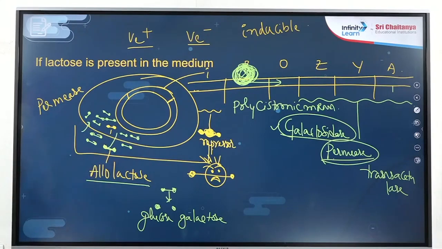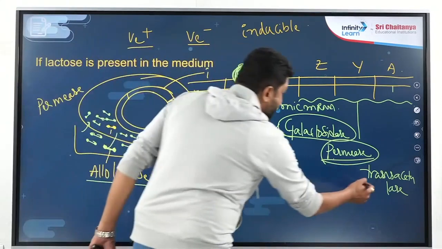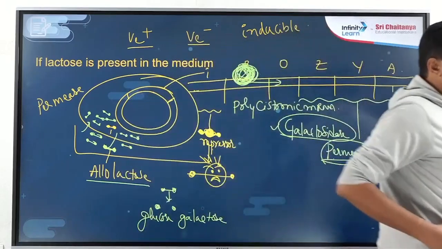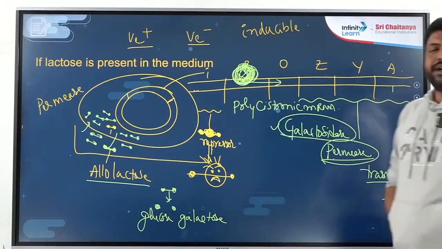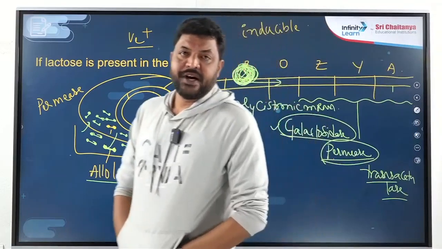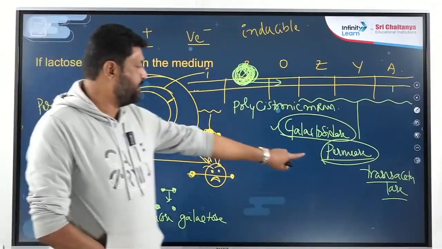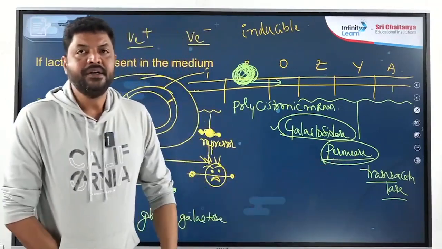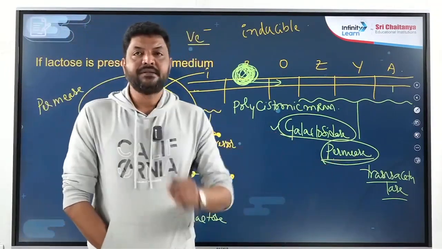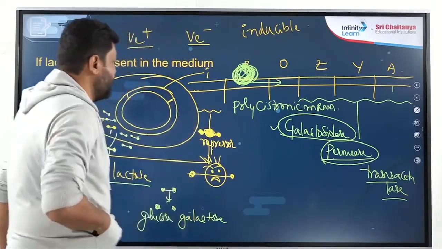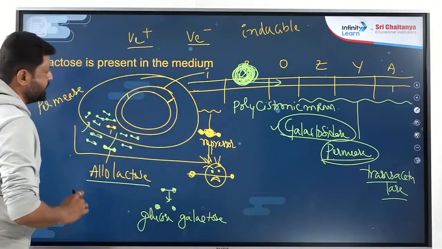And transacetylase acetylates glucose, but in the textbook it is mentioned that its function is not known. You remember it like that only. What is the function of permease? Increases the permeability. What is the function of galactosidase? Breaks the lactose into glucose and galactose. And the transacetylase, whose function is not known.